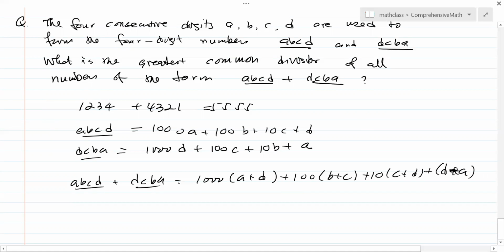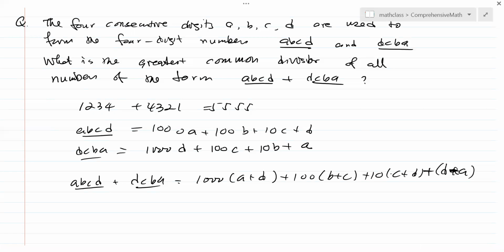Now, that's the problem here, right? But remember, there's a condition called 4 consecutive digits. The problem is whether we can reorder them in a nice way.